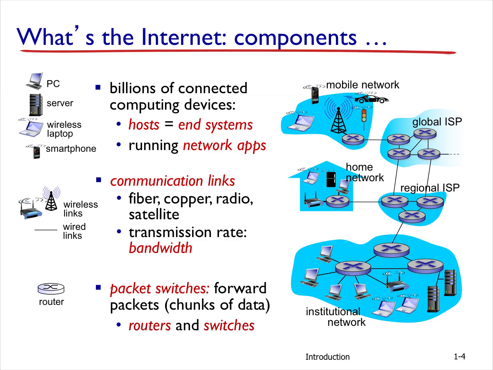There's also one thing to keep in mind, that all the applications are typically running on the hosts. They are not running on the intermediate nodes. So things like email, whether it's an email client or server, things like web service, video calling, audio calling, all these things, they are running on the hosts, the end system of the internet or of the network in general.